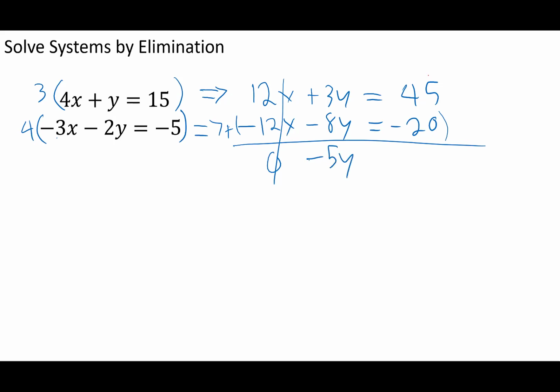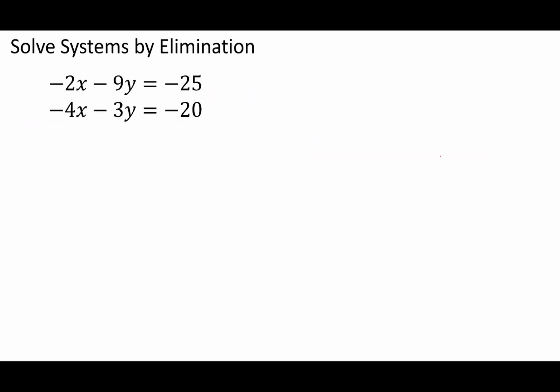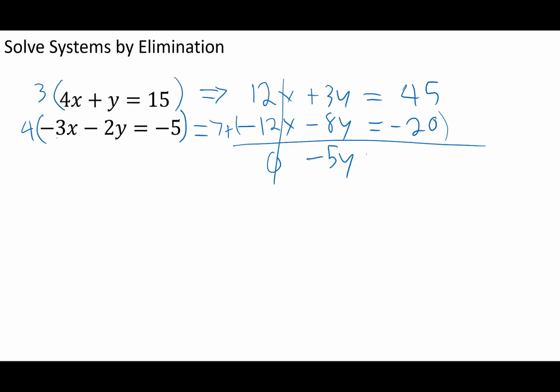And 45 plus -20 is 25. So now we've got -5y is equal to 25.